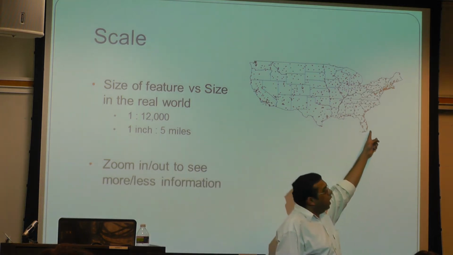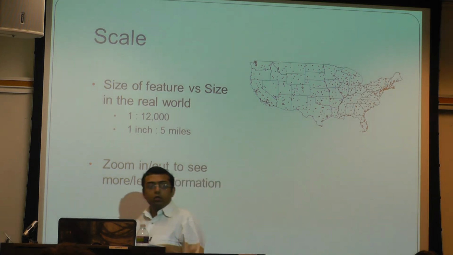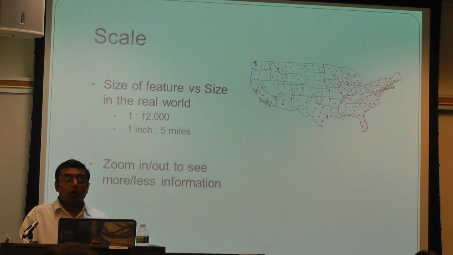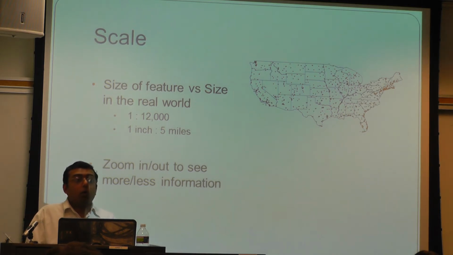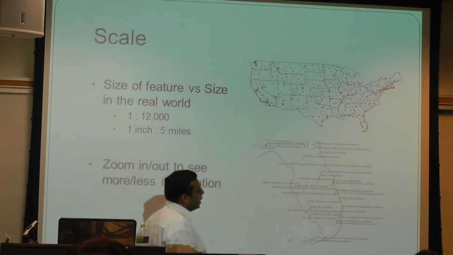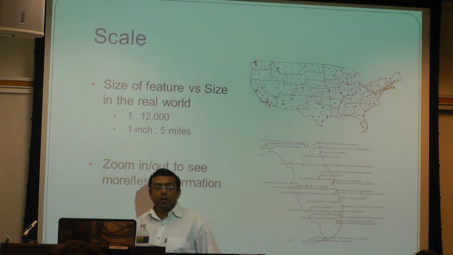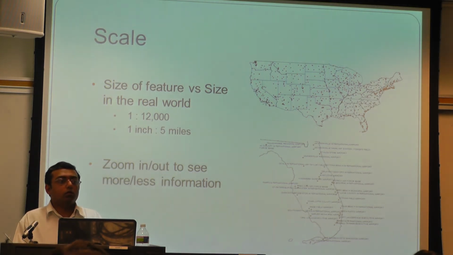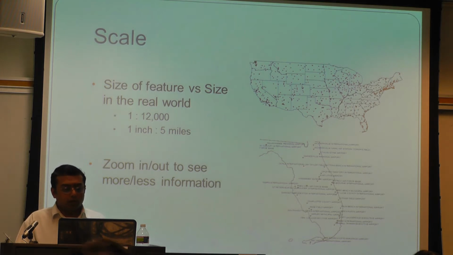You don't know how many airports are actually there because the scale you're using currently does not let you count or even find out the names. But GIS lets you zoom in and label each of these dots so that you can count as well as see the names of these different airports. We're going to do an example with this also to give you an idea about how this is done using the software. Any questions?